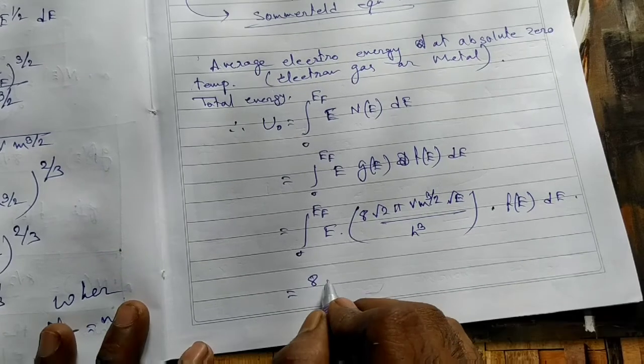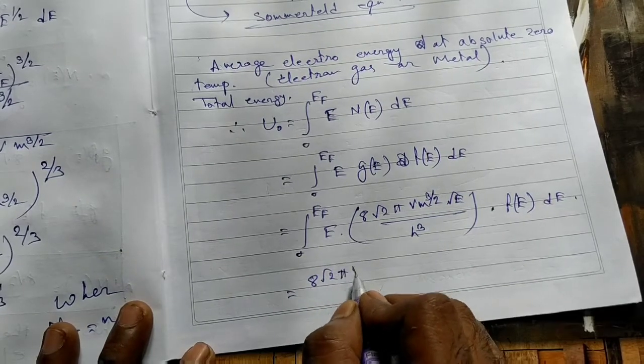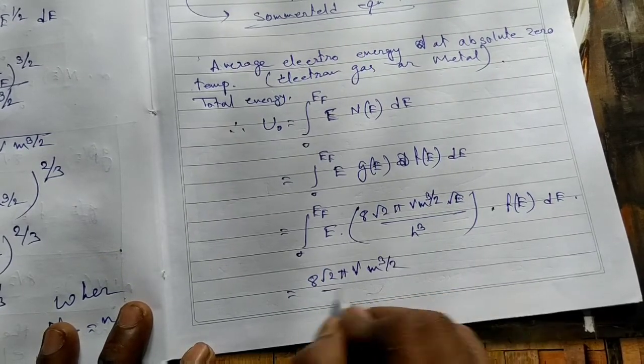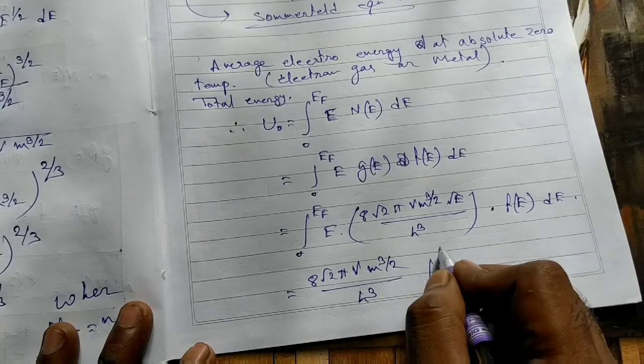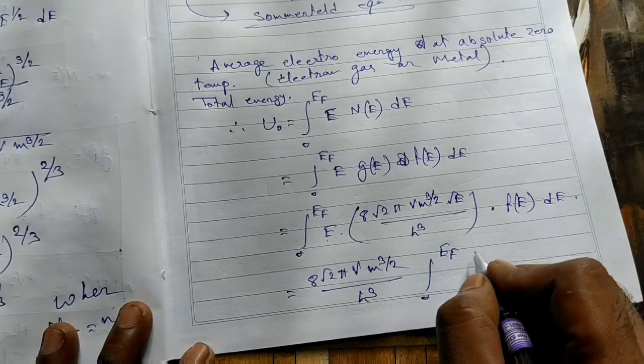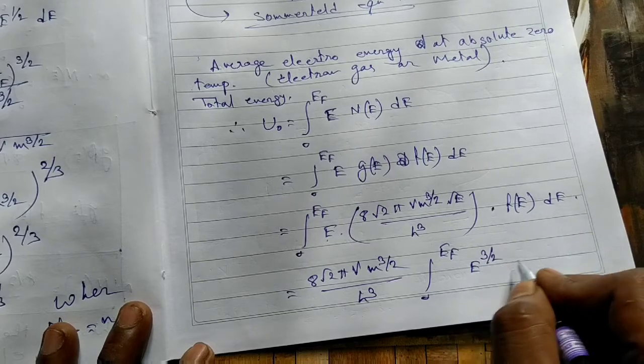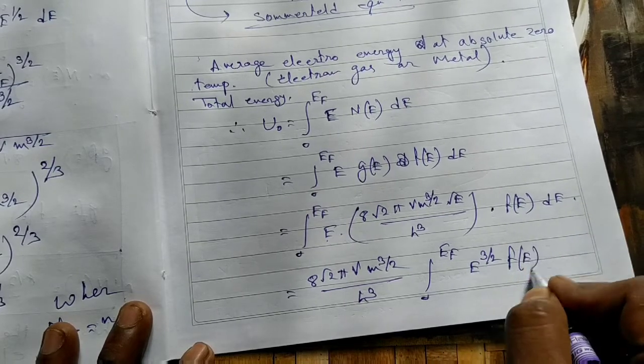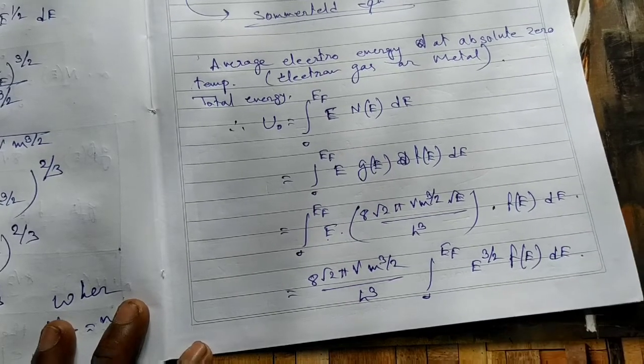Now 8 root 2 pi V m to the power 3 by 2 by h cube, integral from 0 to EF, E to the power 1 plus half, which becomes E to the power 3 by 2, f(E) dE.